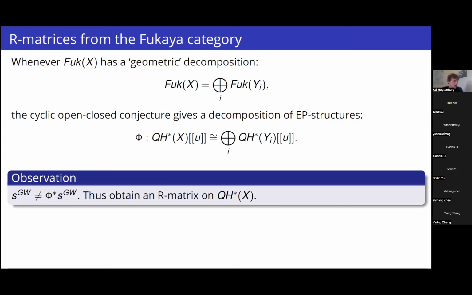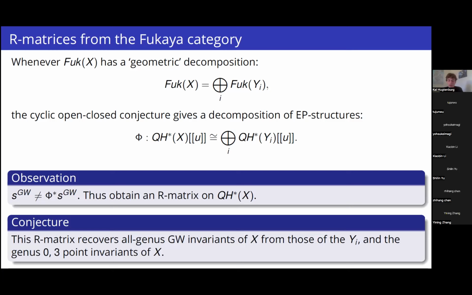Because then you can conjecture that, by the action on cohomological field theories, you can recover all the Gromov-Witten invariants of X from the Gromov-Witten invariants of the spaces Y_i. You need one extra piece of data, which is the genus 0 3-point invariants of X. But in the end, you will be able to recover all genus Gromov-Witten invariants of X.